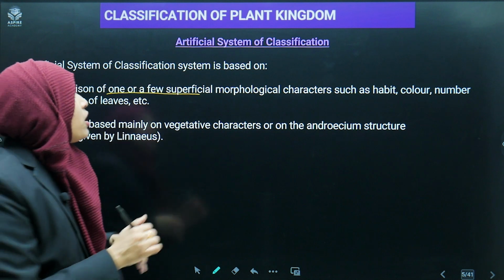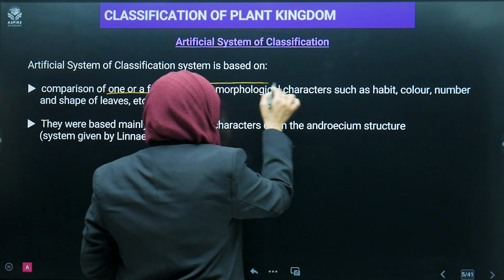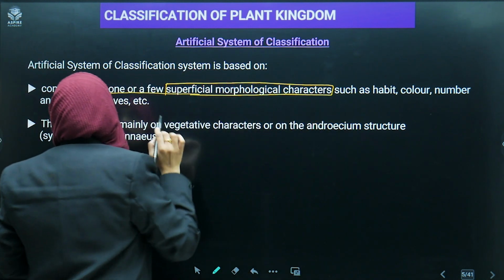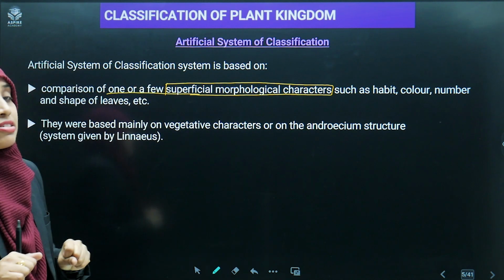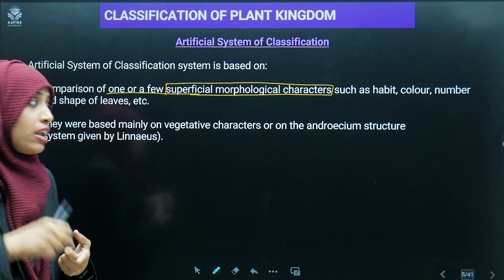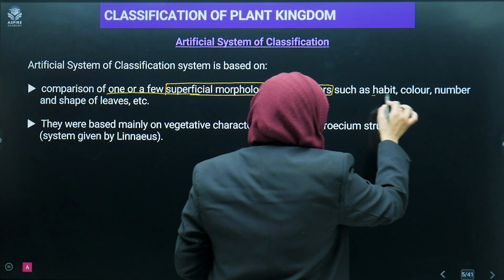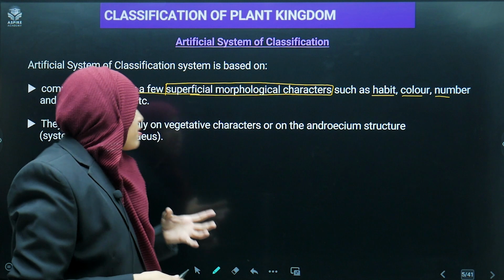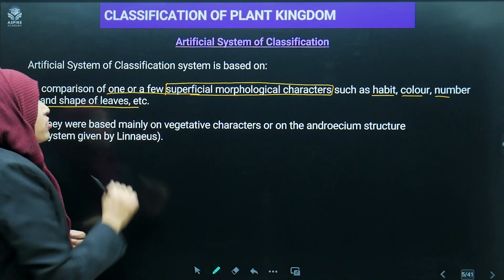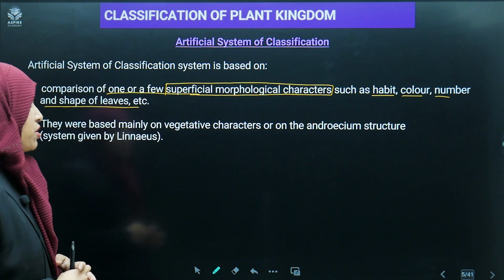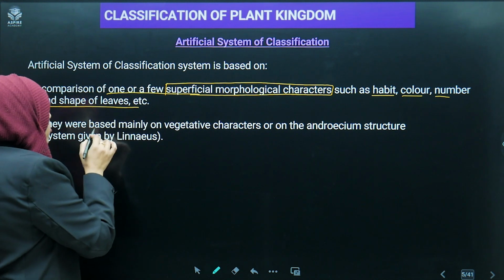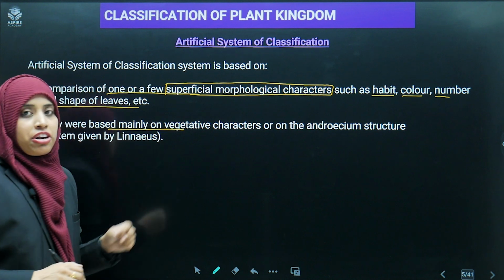It is based on morphological characters. Now, comparison of one or a few morphological characters such as habit and color. What is the plant's habit, what is its color, the number and shape of the leaves; on this basis it was classified. That was the artificial system of classification, and it was based mainly on vegetative characters.